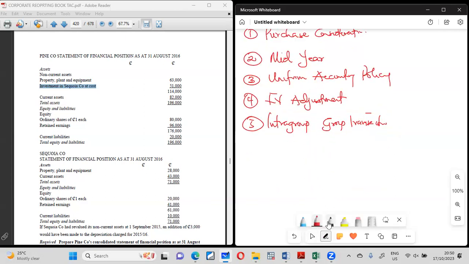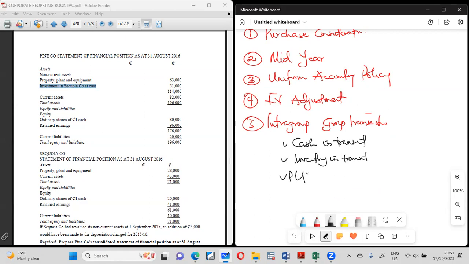All right, we'll talk about cash in transit. We will also talk about inventory in transit. Okay, how do you do that? Inventory in transit. We'll talk about provision for unrealized profit, the PAPs.